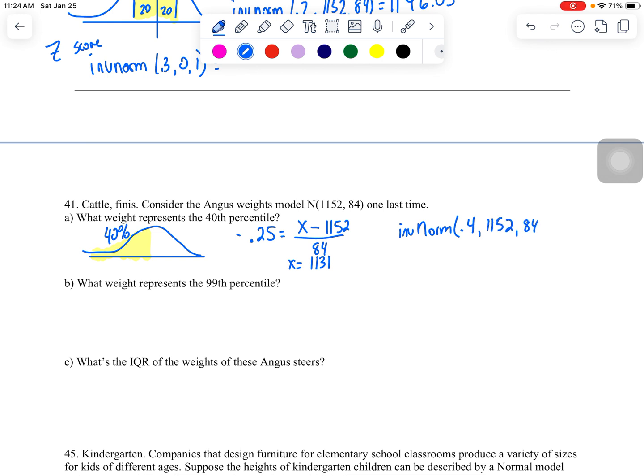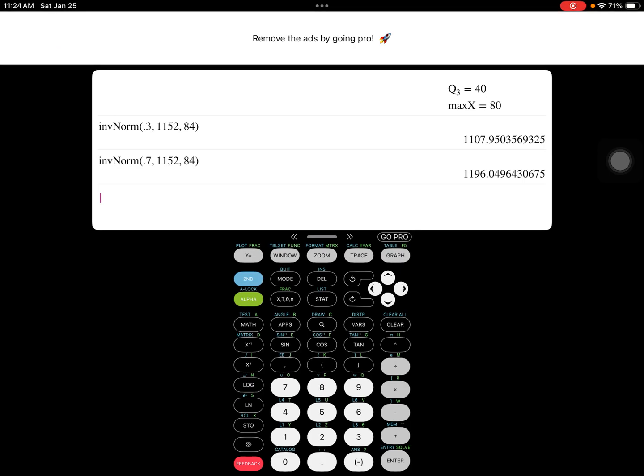Actually, we'll jump back and do that real fast. Make sure, when you get the exact value here, so what we're going to change this to 0.4. So 1130, 1130.72 actually. So we can get a more precise answer using our calculator.